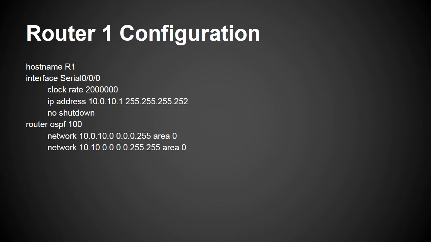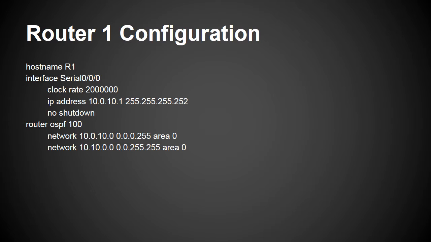We named Router 1 R1. It's connected to interface serial 0. Its clock rate was set at 2 million. The IP address was set at 10.0.10.1 with a subnet mask of 255.255.255.252. The router OSPF was 100.